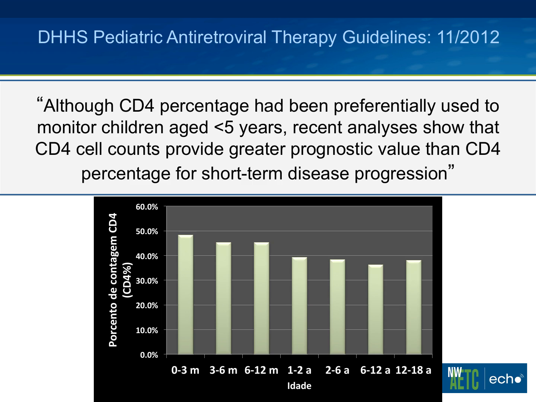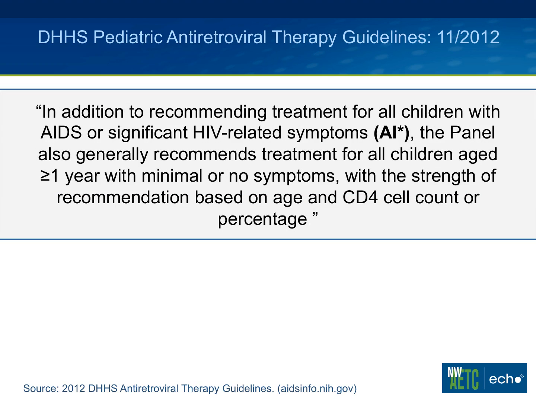And so this is sort of the original data as to why CD4% was used. But again, like I said in the statement, really it looks like the absolute number is where we should be drawing the lines. The guidelines do specifically say, however, that if there's a disparity or a discordance between the number and the percentage, you should always go with the lowest one, again favoring earlier treatment.